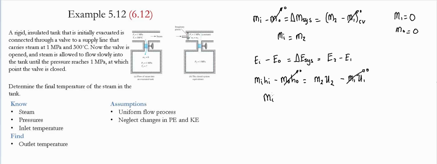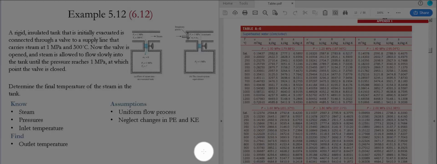Therefore, m in h in is equal to m2 u2. Since these two masses are equal to each other, the enthalpy going in is equal to the internal energy at the end. Now we're going to go to the tables to find the desired values for this state.